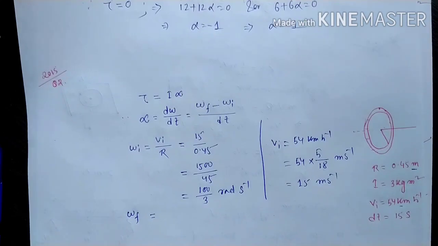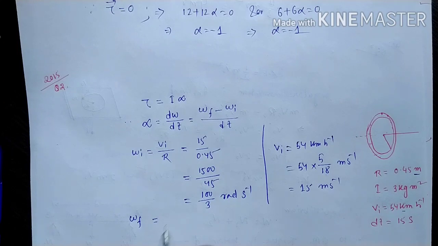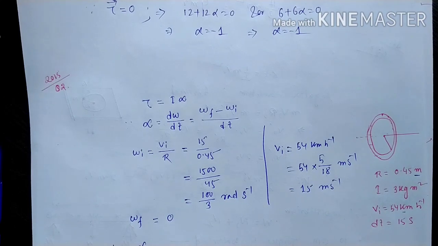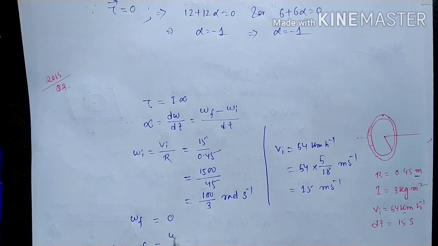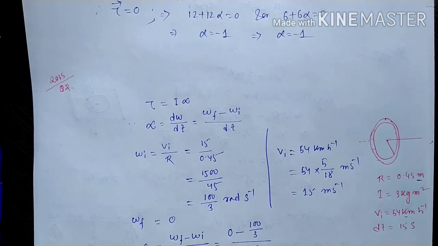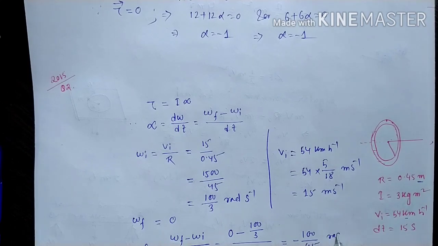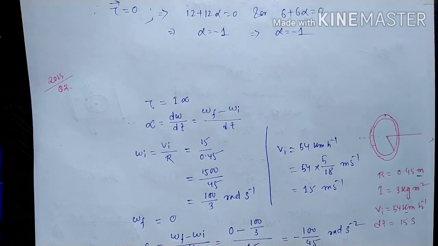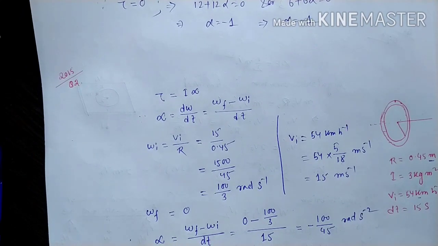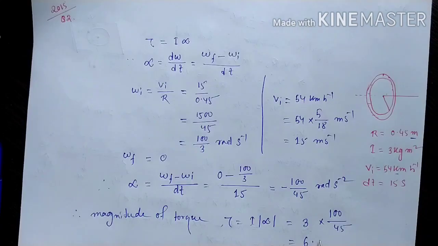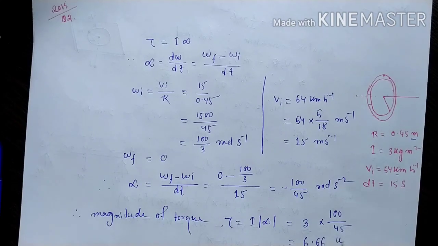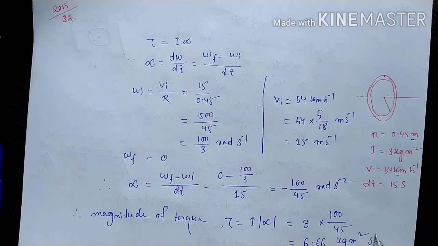This final angular velocity becomes 0 radian per second. So therefore we are getting alpha, suppose minus 100 by 45 radian per second square. Clear? So therefore the magnitude of torque is 0.66 kg meter square per second.